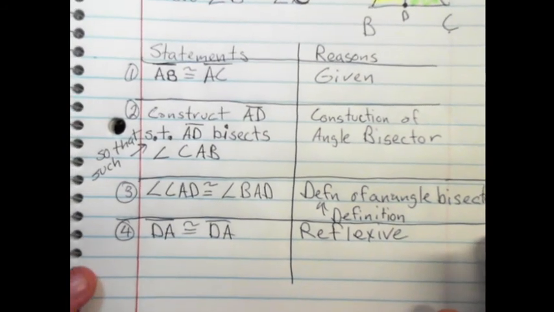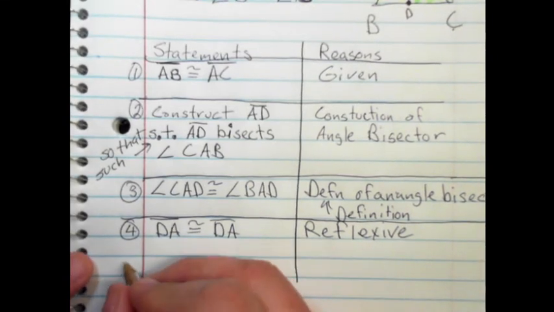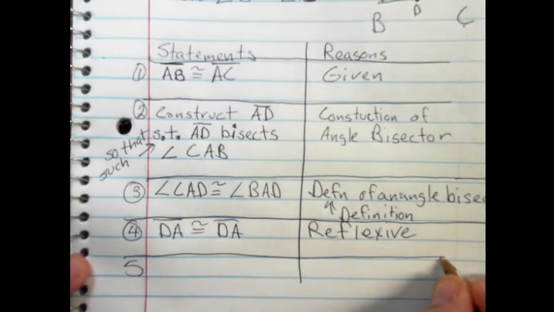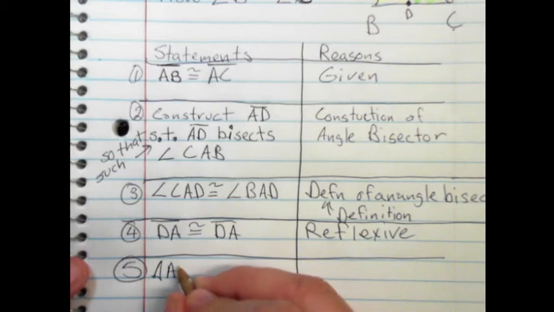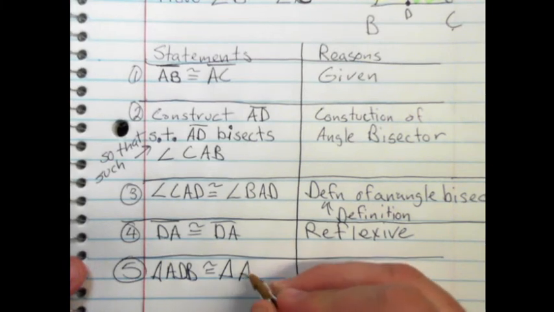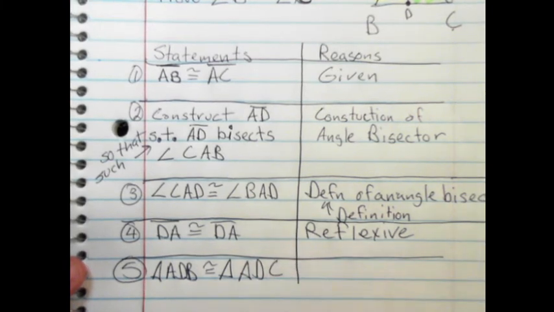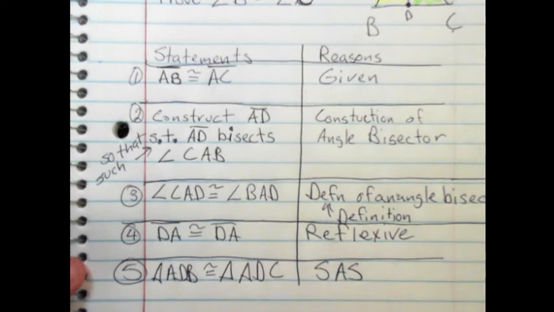And then lastly, in step 5, I've proven that triangle ADB is congruent to triangle ADC, and that's based on the SAS, side angle side.